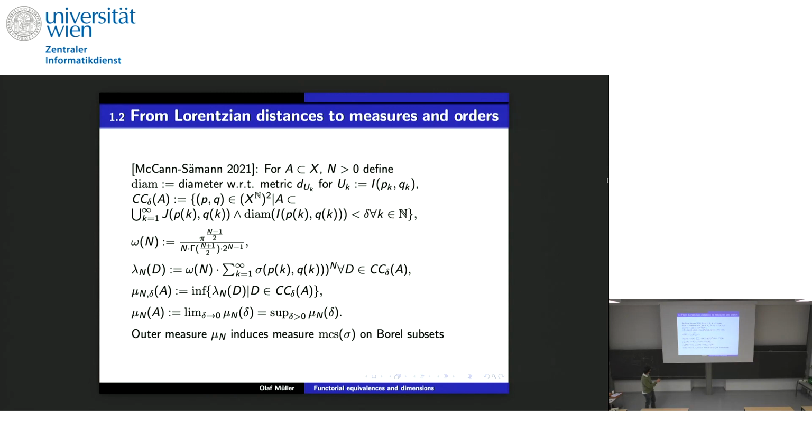Then you have some normalization constant, and you prescribe it as the usual prescription for the Hausdorff measure, with the exception that here you take causal diamonds instead of arbitrary sets or balls or whatever.